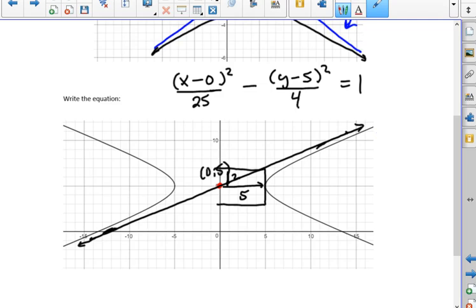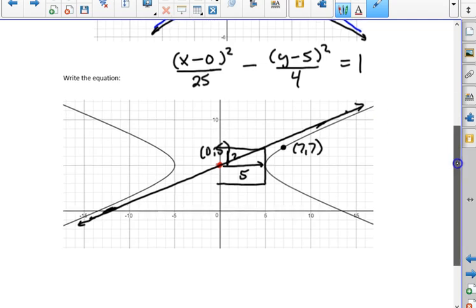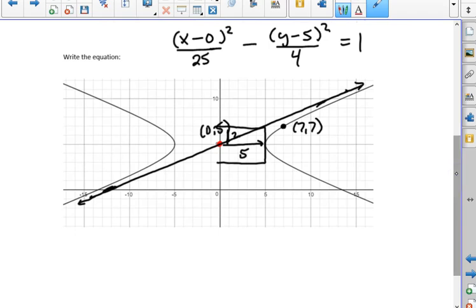Okay. Another possible way to find the equation would be to find a point on the graph or approximate a point. This looks like the point 7, 7 approximately. So another thing I could do is write the equation and substitute 7 for x and y.